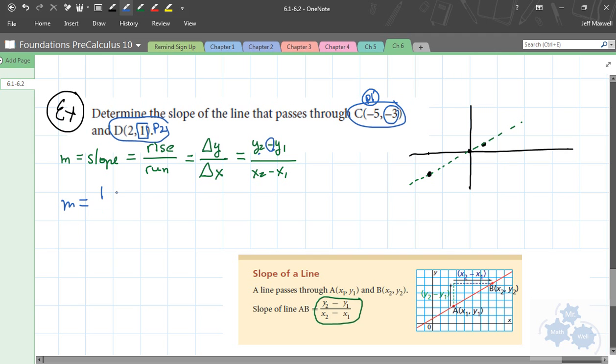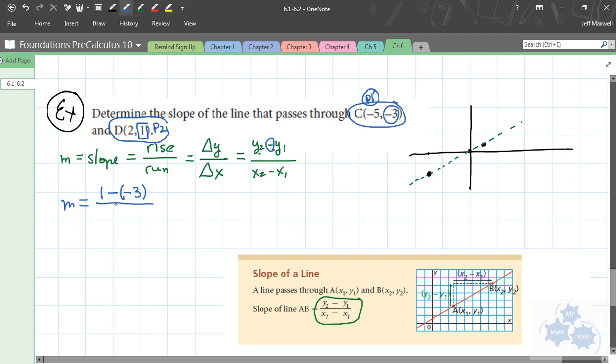So 1 minus negative 3. Does everyone see that? 1 minus negative 3. It's very important to keep your signs, make sure you pay very close attention to your signs. Okay, it's 1 minus negative.